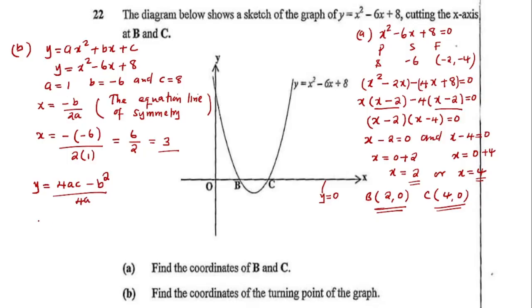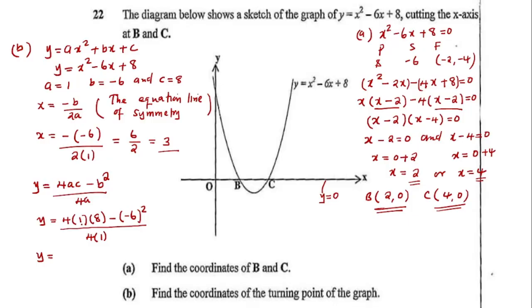So y is equal to 4 times a, which is 1, times c, which is 8, minus b squared, that is negative 6 squared, over 4 times 1.